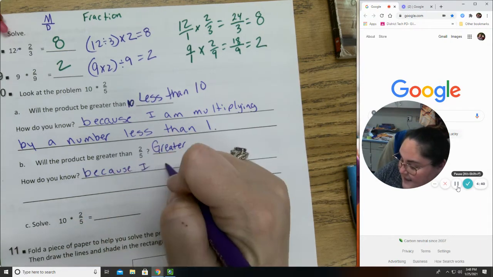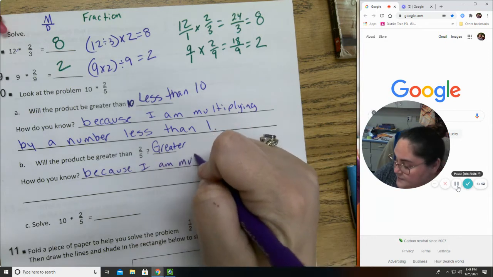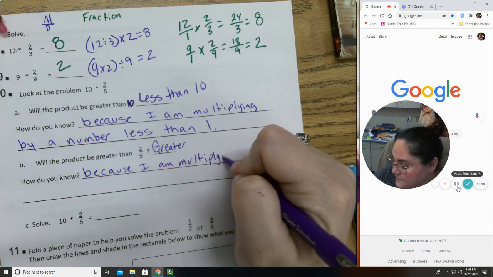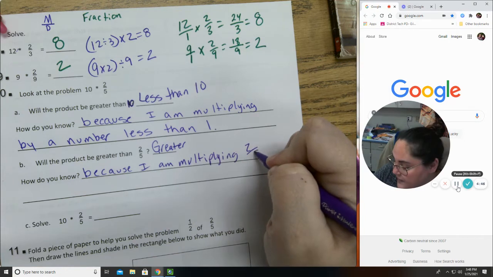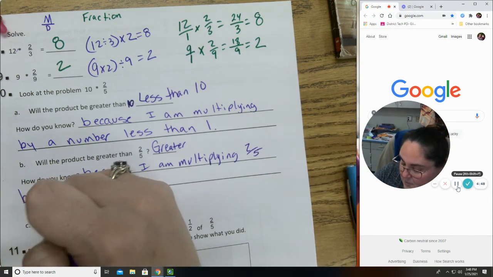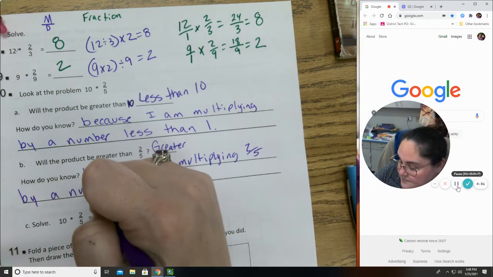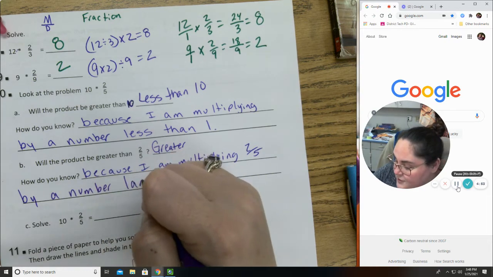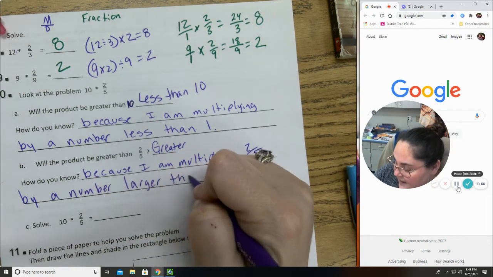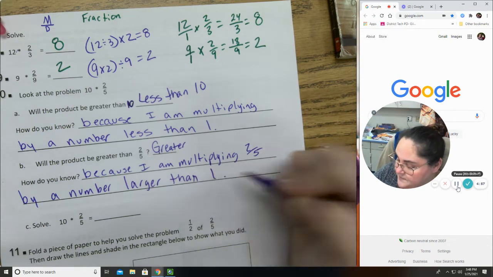Because I am multiplying 2/5 by a number larger than 1.